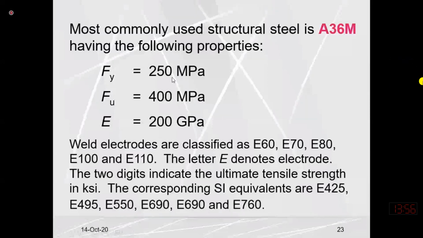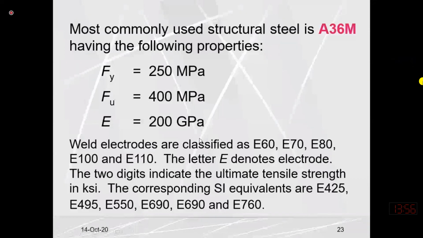So this will be equal to 250. You have to memorize this value. It will never be provided. In the examination, maybe it is simply mentioned use A36 steel. A36 steel means a steel whose yield strength is 250 megapascal, ultimate strength is 400 megapascal, and modulus of elasticity is 200 gigapascal.